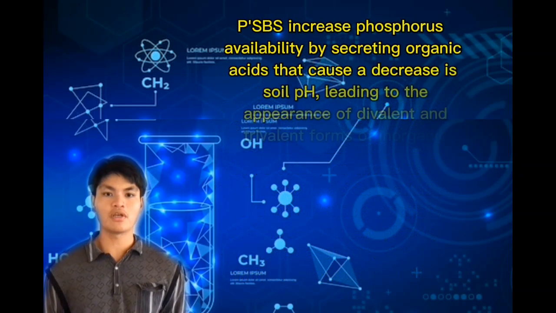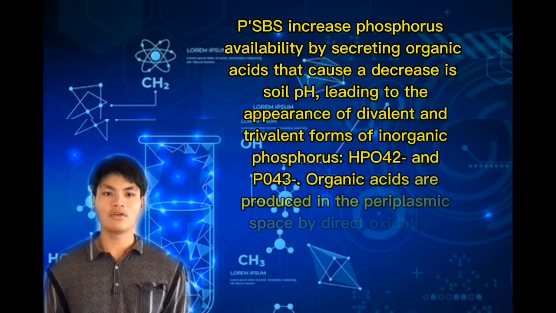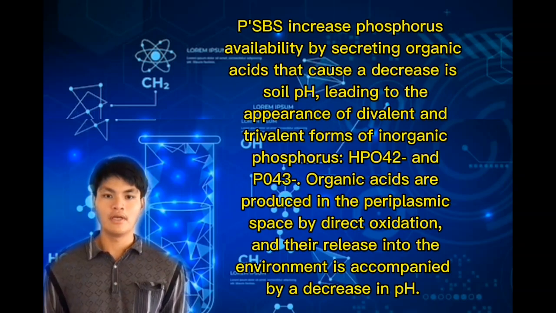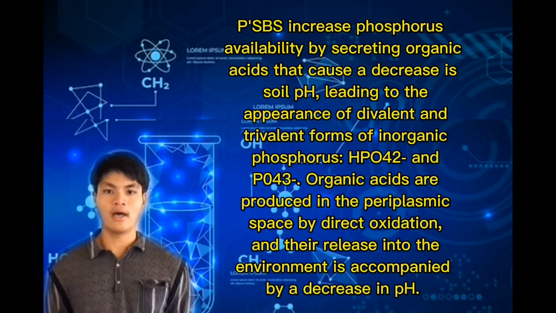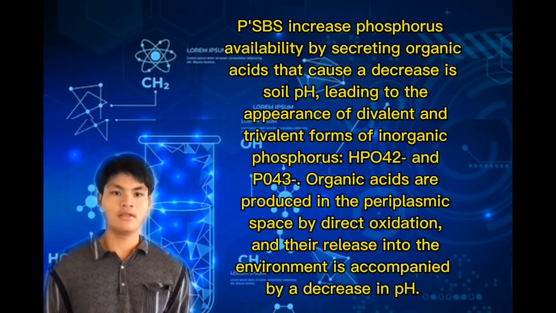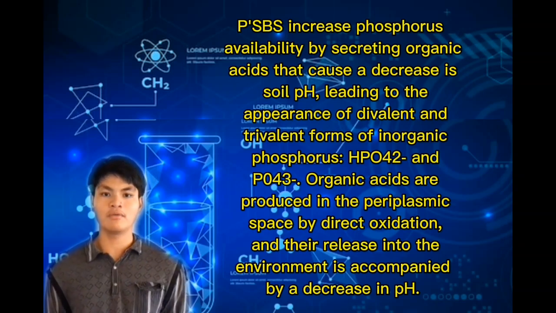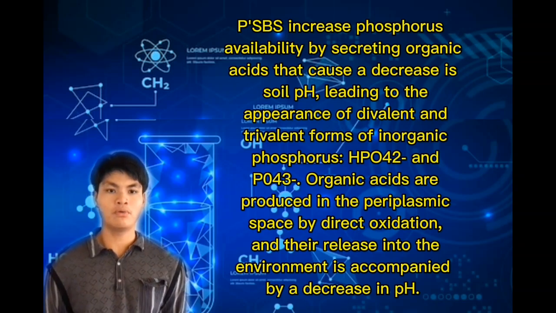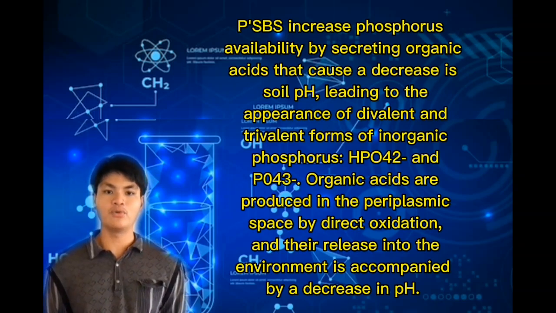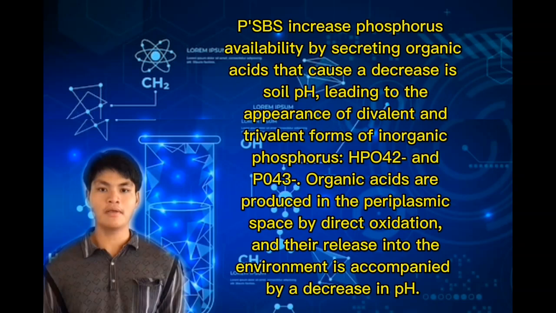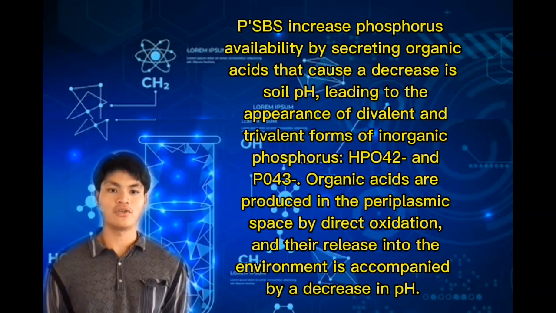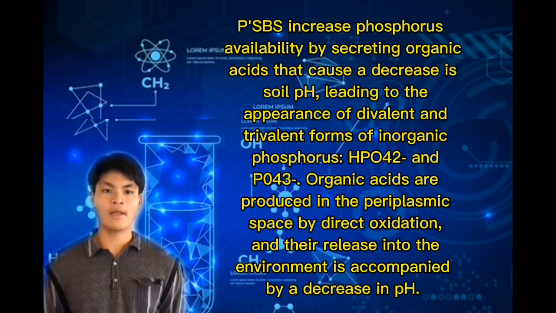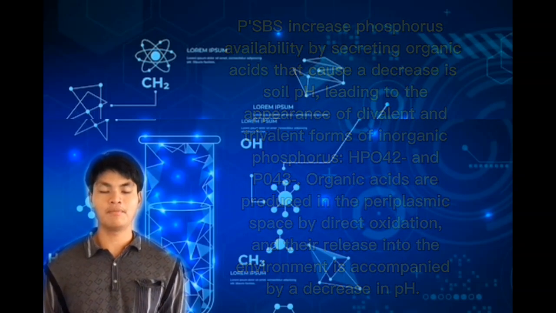PSB increase phosphorus availability by secreting organic acids that cause a decrease in soil pH, leading to the appearance of divalent and trivalent forms of inorganic phosphorus, HPO4 2- and PO4 3-. Organic acids are produced in the periplasmic space by direct oxidation, and their release into the environment is accompanied by a decrease in pH.